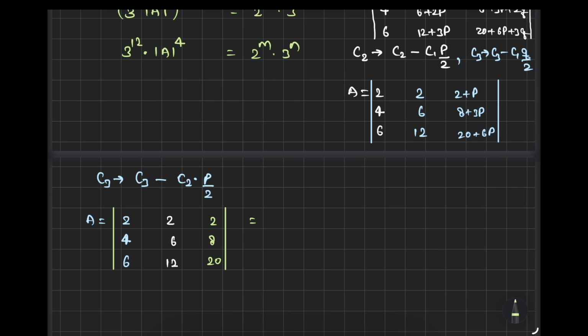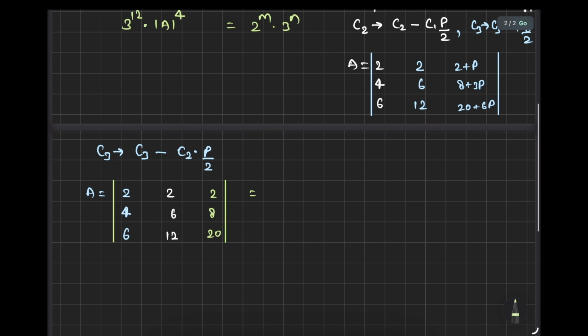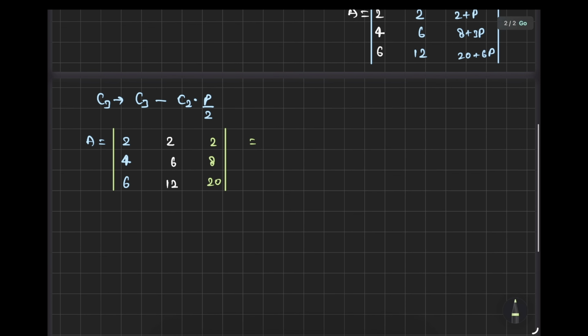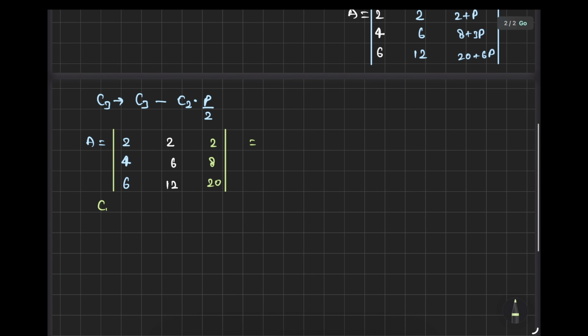Now let's open the determinant. I will do a little bit more manipulation so that we can simplify things. So what I will do is manipulate C2 minus C1 and C3 minus C1 so that it will become simple.